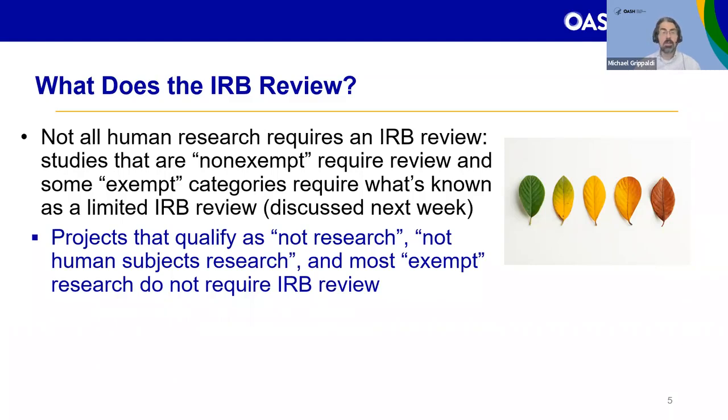It is possible, however, even though the regulations do not require it, that an institution might decide under certain conditions to still have some sort of ethics review that might resemble an IRB review for research that falls into one of these categories. The regulations provide a floor for protecting participants, and an institution is free to raise that floor or add additional requirements as they see fit.